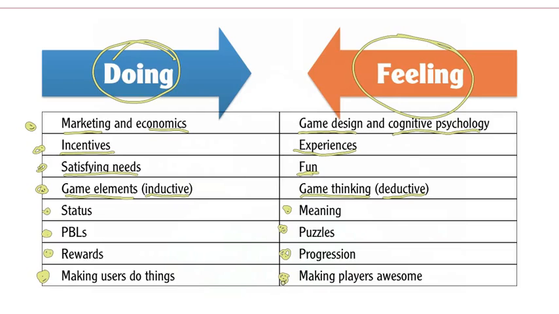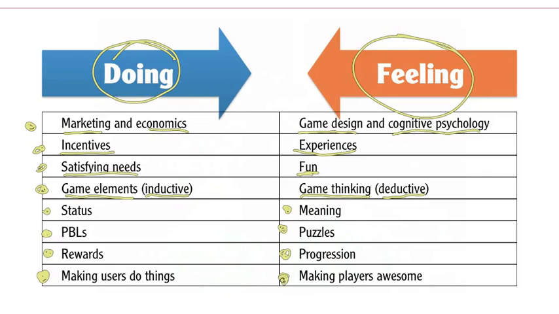Making users do things should mean making them do things that they want to do on their own, but somehow don't get to. They're things that are beneficial for the player, but the player needs some motivational help to push them along that path. It doesn't mean necessarily forcing someone or tricking someone into doing something that they never really wanted to do in the first place.